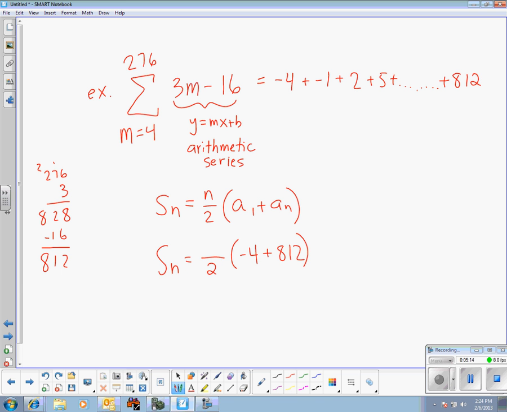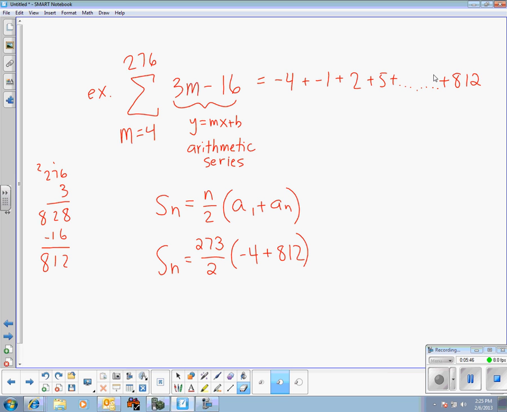And it's easy to say 272 because 276 minus 4, but since we included 4 and 276, there aren't really 272. It's like if I added up from 1 to 10. There are not 9 terms there, 10 minus 1. There are actually 10 terms because the 1 is included. So if you subtract the 2, add 1 back to it. So there are actually 273 terms in this list.